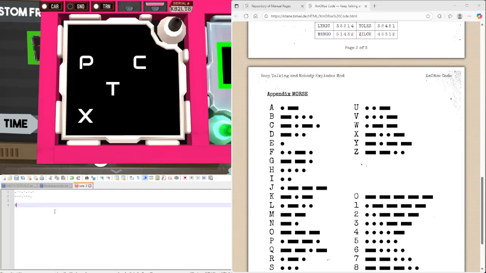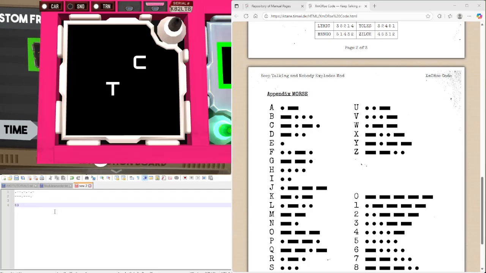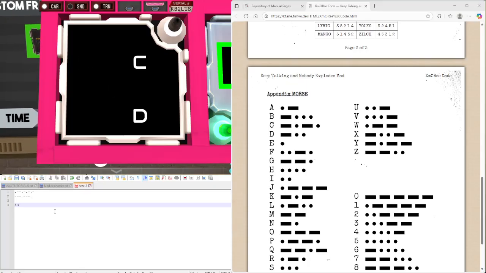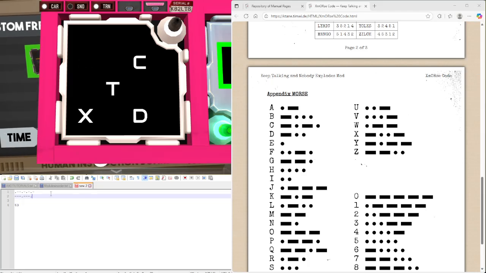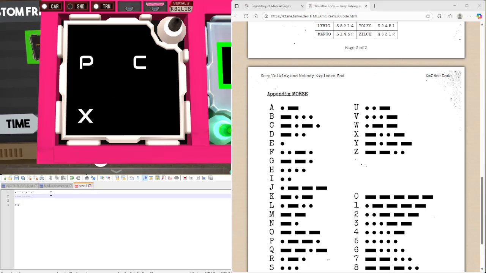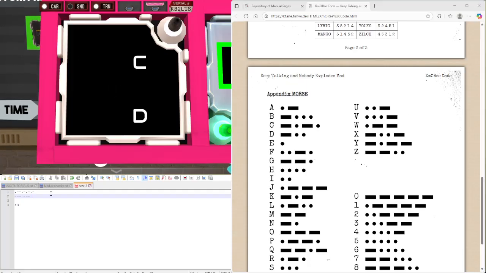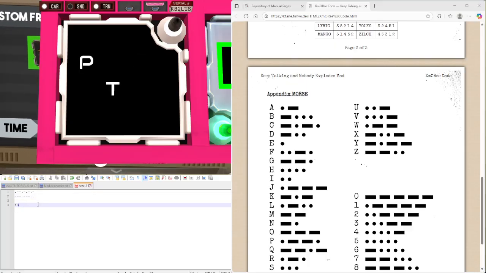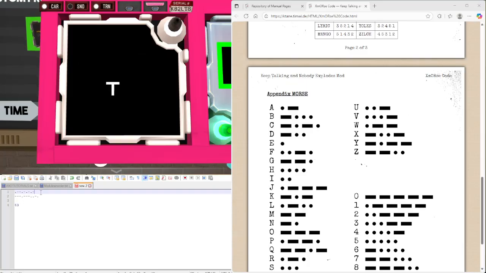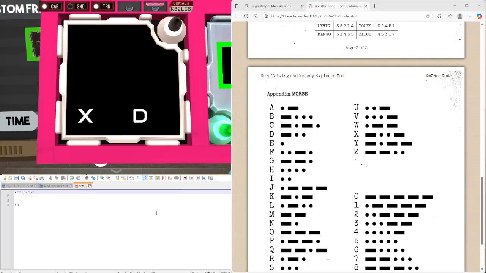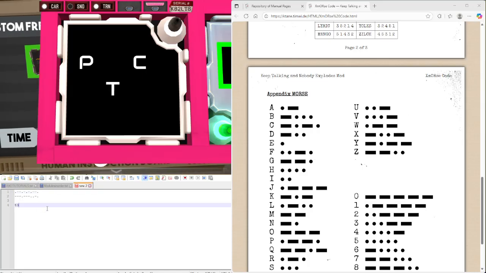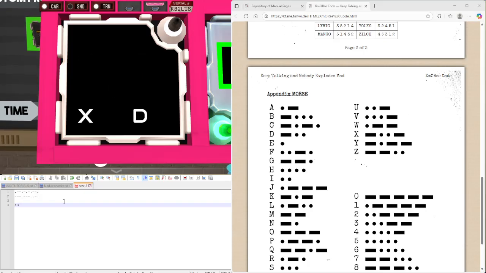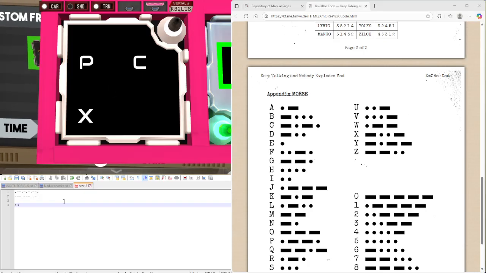Dot. That's 3, I think. Yeah. And then dot dash dot will be only. I guess we can get the next letters of this as well. And then he said 2, I think.